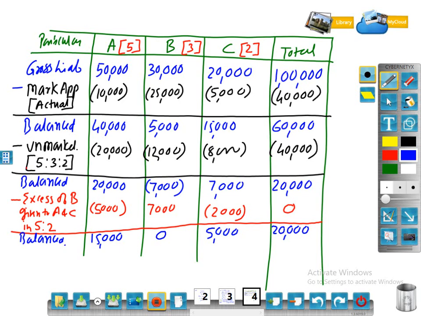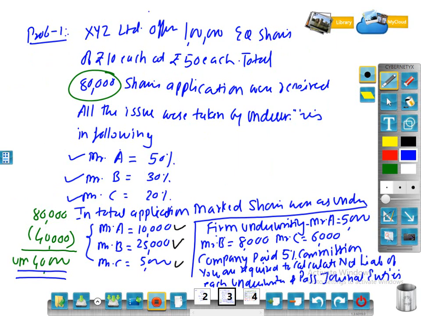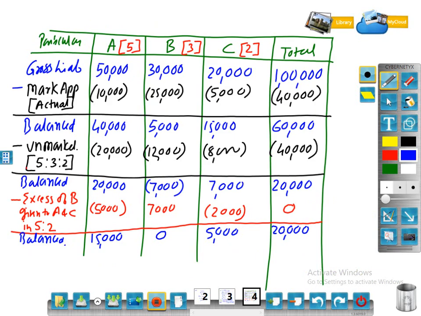Now next step. The next step, what you have to do, you have to deduct the benefit of firm underwriting. Firm underwriting means they have to take that. So here, out of this 20,000, the firm underwriting you have to deduct. How much is the firm underwriting? Firm underwriting is 5,000, 8,000 and 6,000. So here we will deduct that firm underwriting also. So less firm underwriting actual, because the benefit of the firm underwriting we are going to give to them.